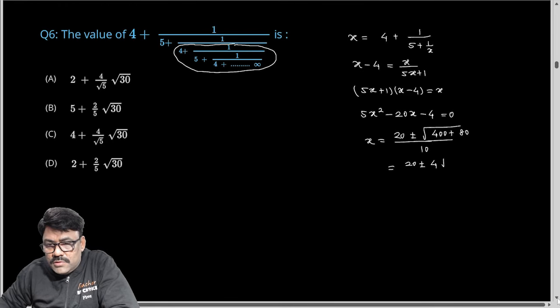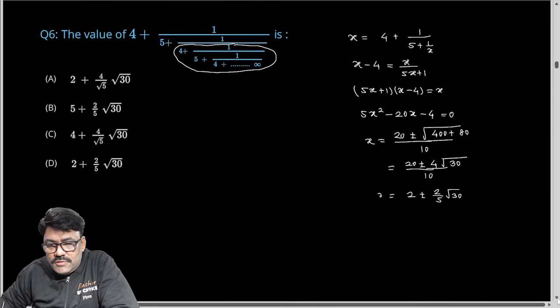So it will be what if I take 16 common? 25 and 80, 25 and in fact 16 common. So 25 and 5, 30 by 10. So now this is 2 plus minus 2 by 5 root 30.